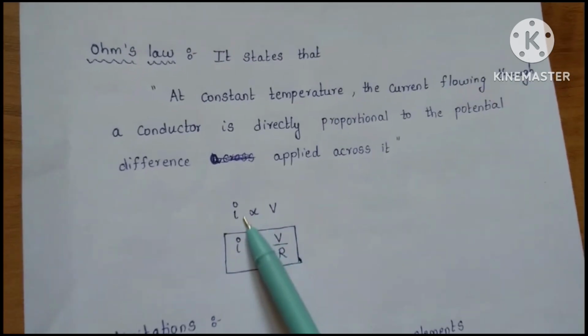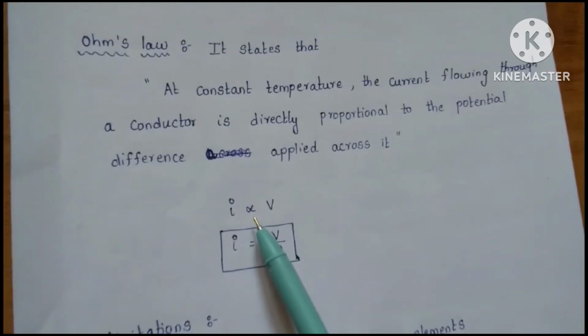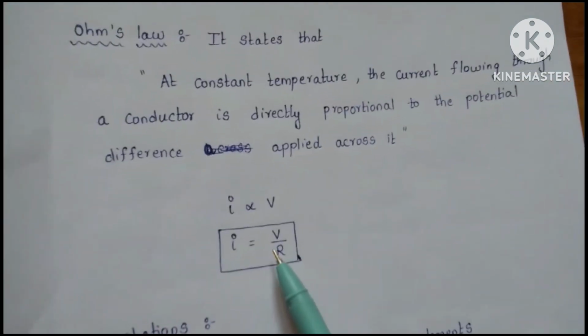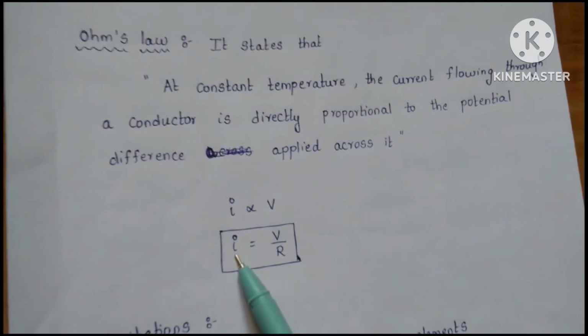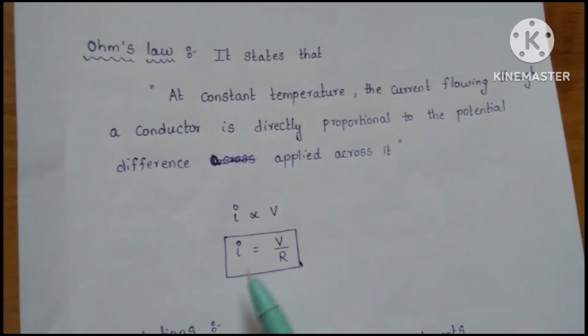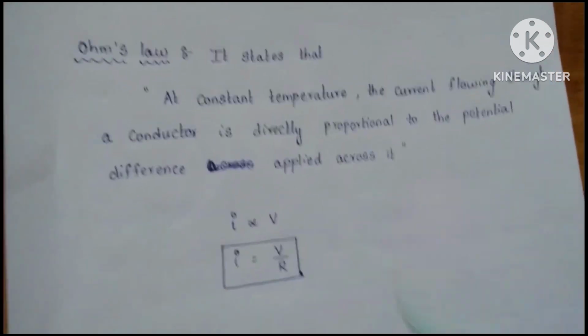Therefore, in order to remove this proportionality, we are going to introduce a proportionality constant, that is nothing but R. So, I is equal to V by R. So, this is the equation for Ohm's law.